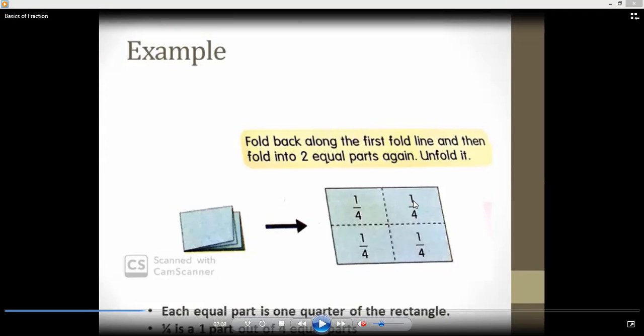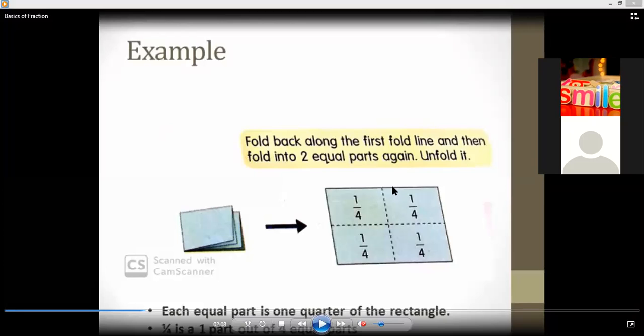And this part is also one part out of all four parts, and this part is also one part out of four parts. So that means if I divide a piece of paper into four parts, every part will be a quarter of the whole, or one fourth of the whole.